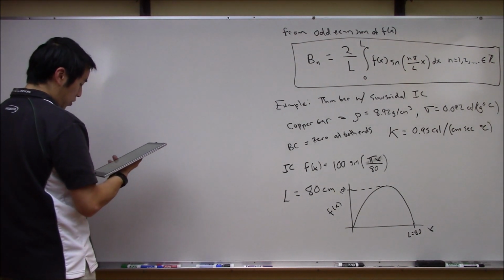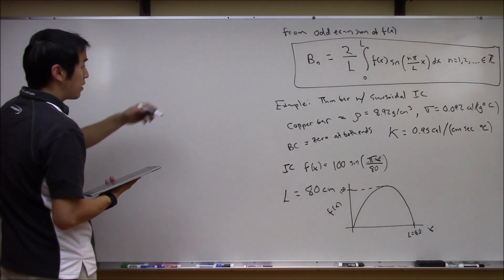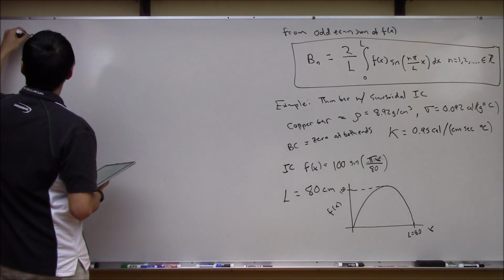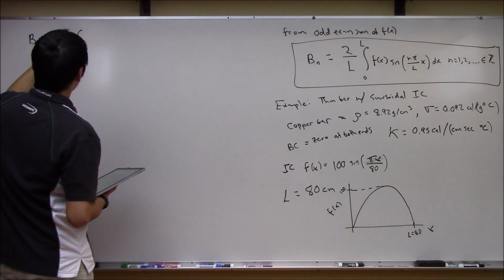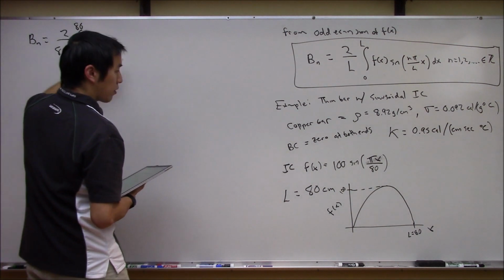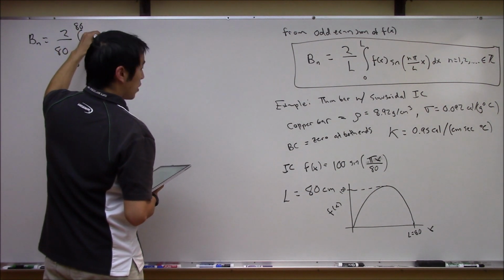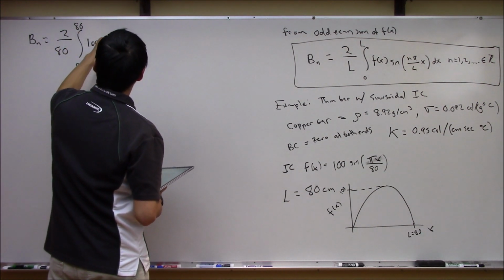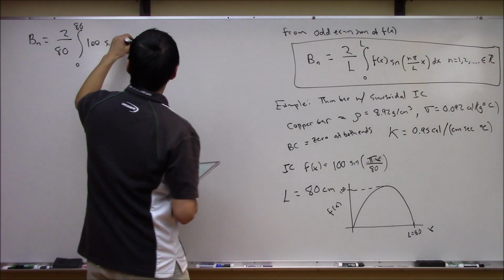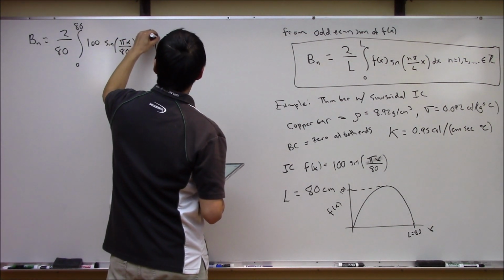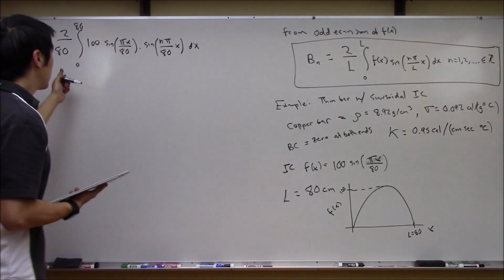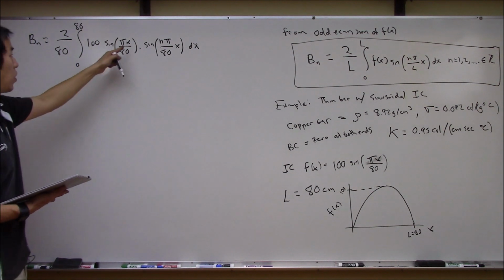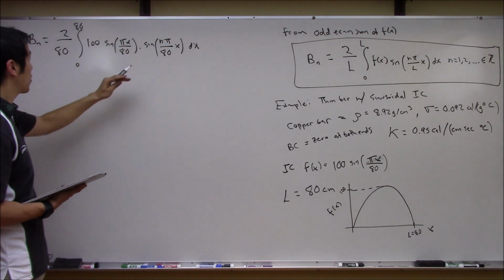If you calculate Bn, you plug in 2 over 80 times the integral from 0 to 80 of f of x, 100 sine of pi x over 80, times sine of n pi x over 80, dx. This is just one silly integral with respect to x.